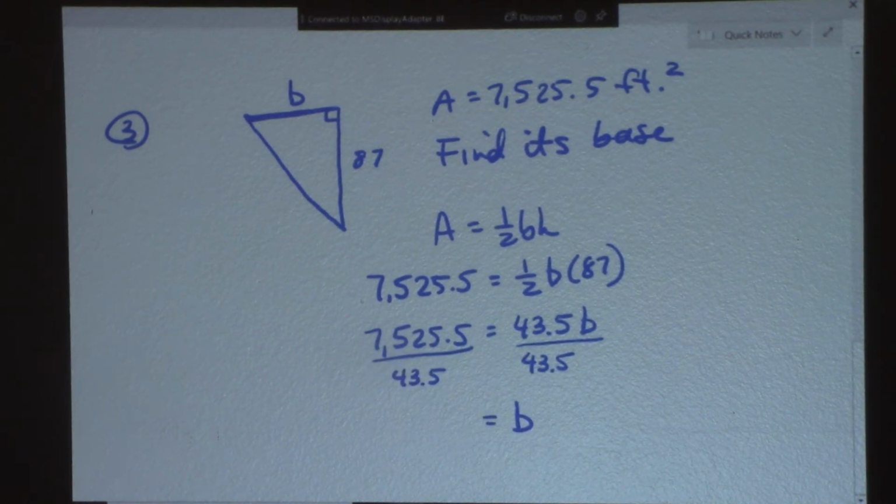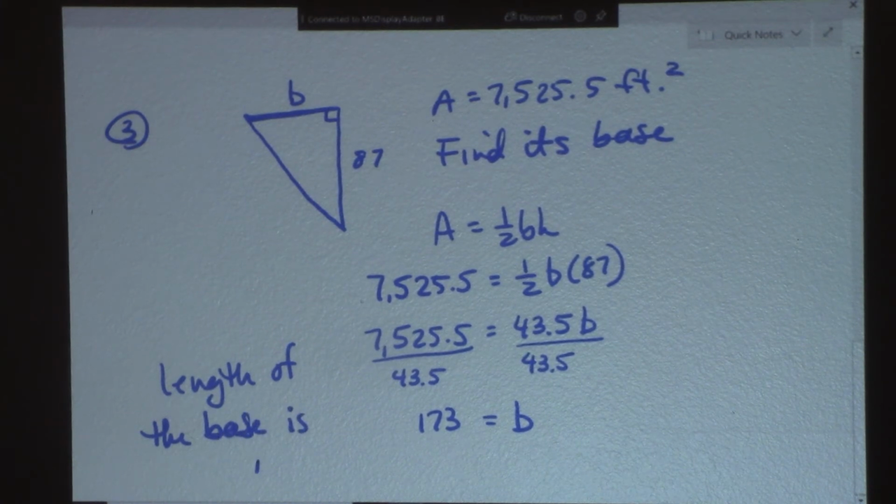And when I do that, I get 173. So the length of the base of the building is 173 feet long. Not feet squared, we're looking for a length.